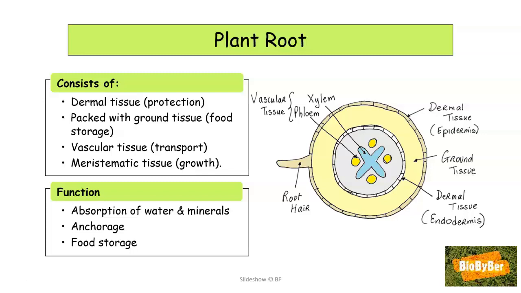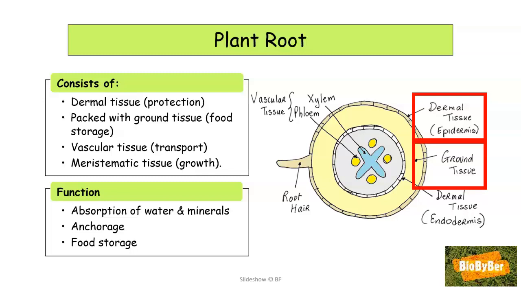We've seen this already. We realise that a plant root is surrounded by dermal tissue for protection. The root is packed with ground tissue. Ground tissue consists of round cells that are used for storing food.